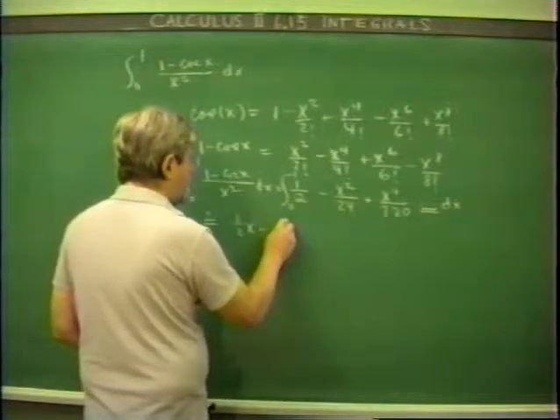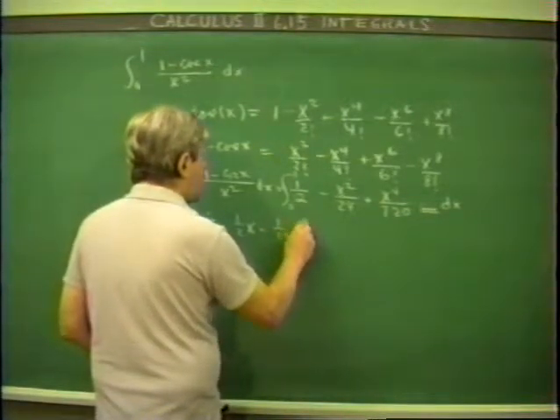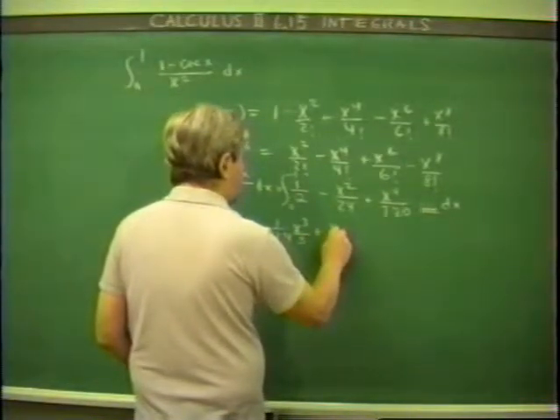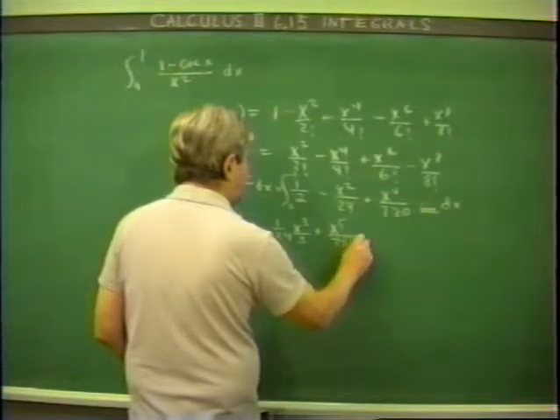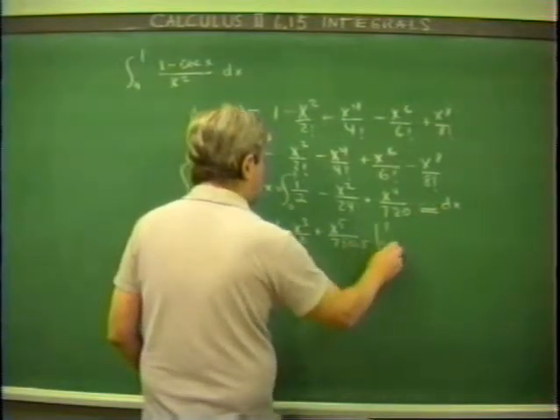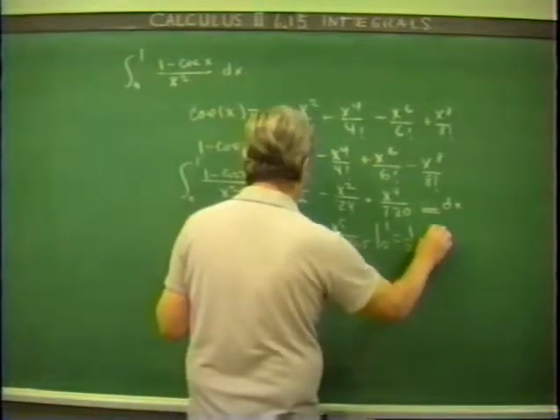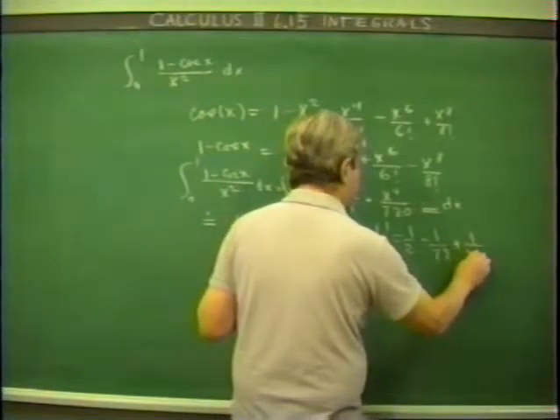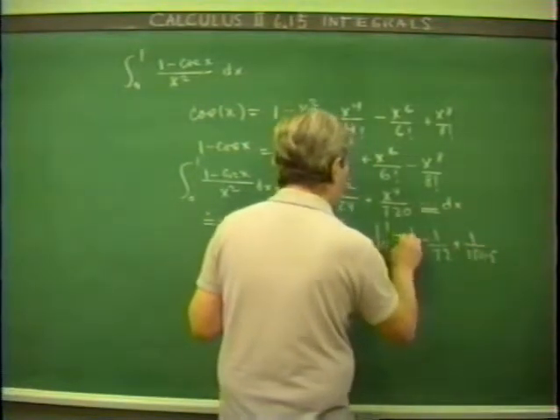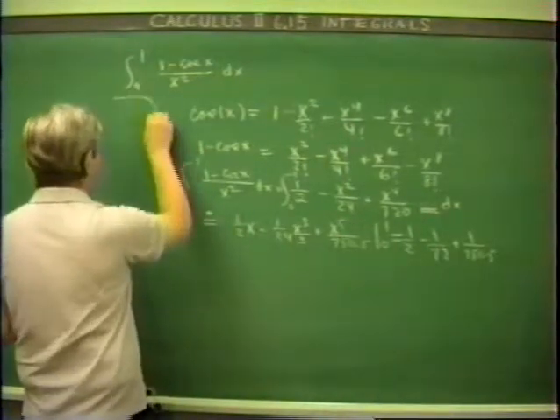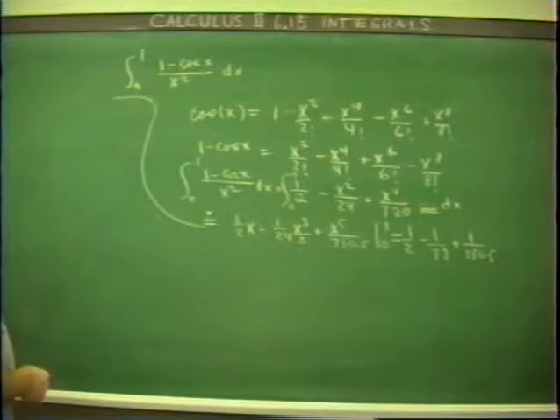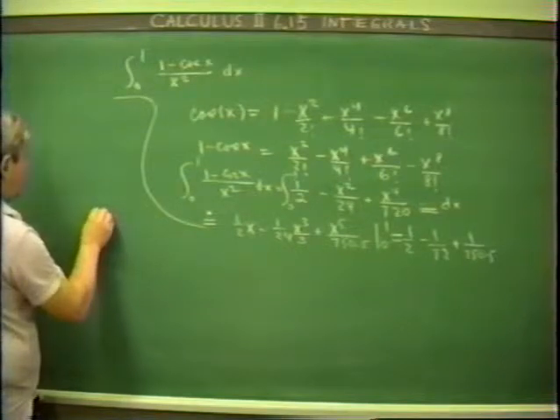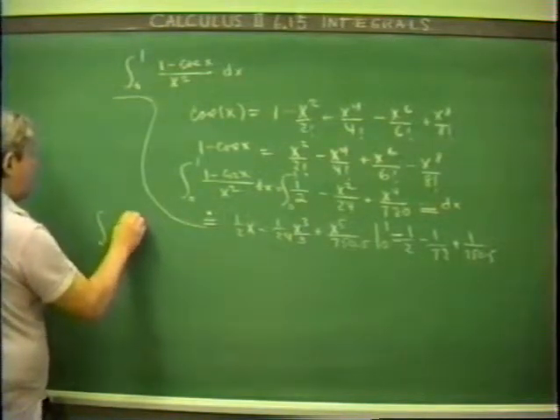If this is enough accuracy for us, we should be all set here, and so we could get that this integral is approximately equal to 1/2 x minus 1/24 x cubed over 3 plus x to the 5th over 720 times 5, evaluated from 0 to 1, which is going to be equal to 1/2 minus 1 over 72, 24 times 3, plus 1 over 720 times 5. Right, so we've got an approximate answer to the value of this integral.